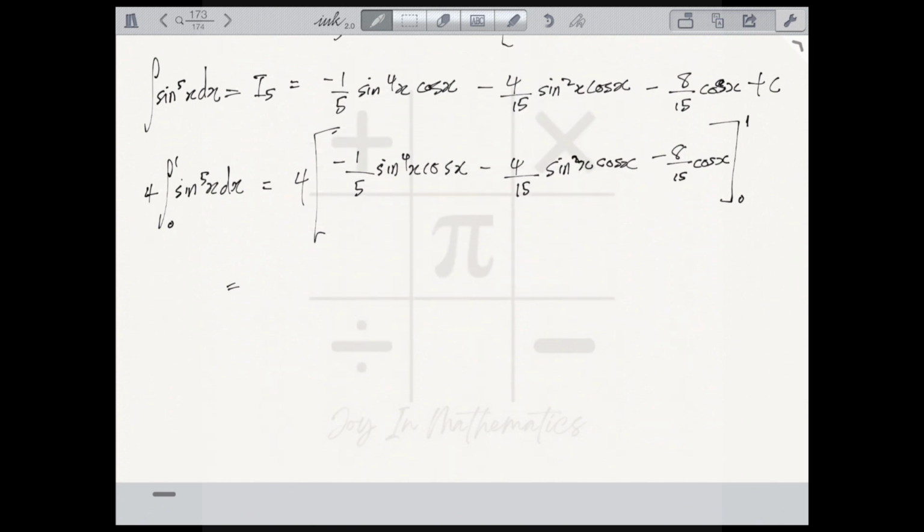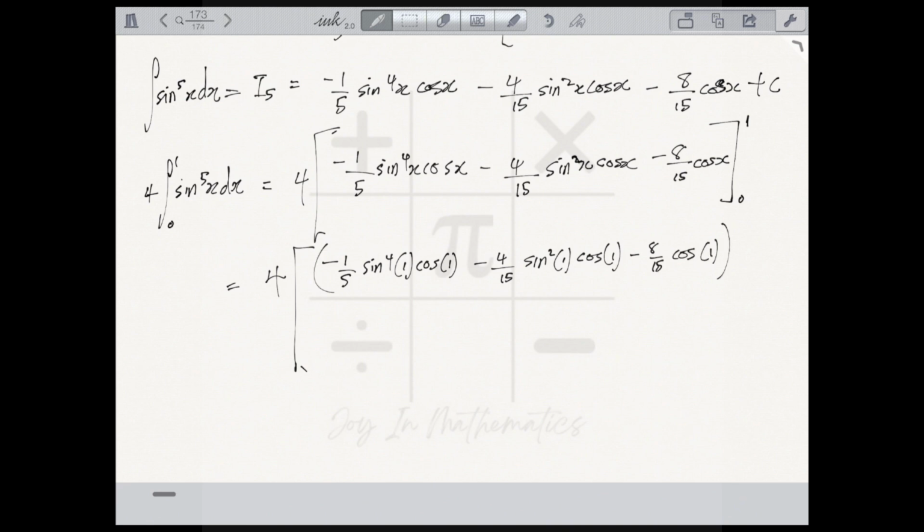So let's apply our upper limits and also our lower limits. This gives us minus 1 over 5 sine raised to power 4 of 1 cos of 1 minus 4 over 15 sine square of 1 cos of 1 minus 8 over 15 cos of 1, subtracted by the lower limit of 0: minus 1 over 5 sine 4 of 0 cos of 0 minus 4 over 15 sine square of 0 cos of 0 minus 8 over 15 cos of 0.